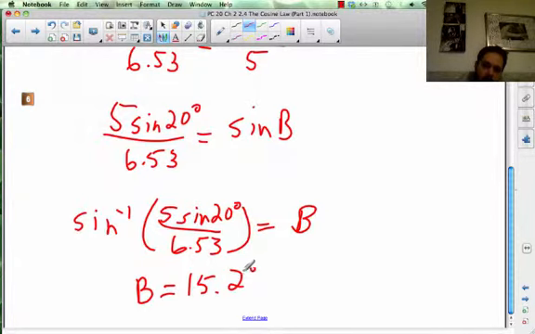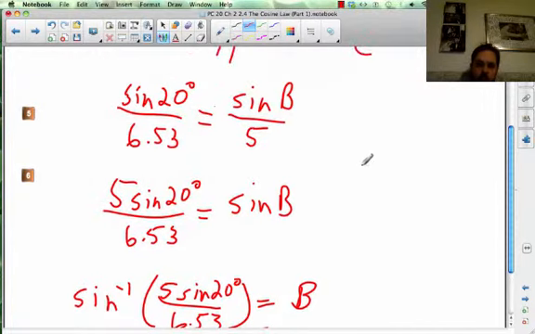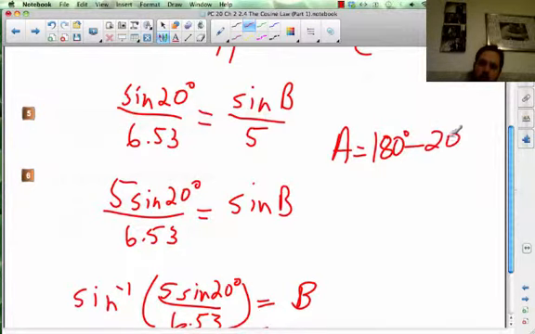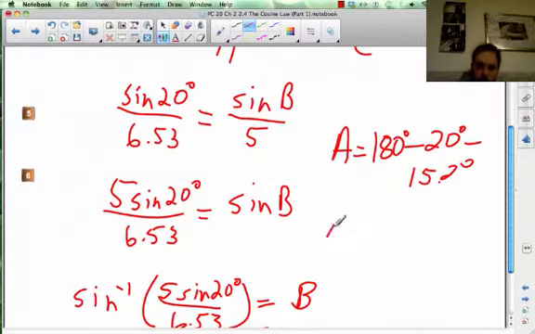So we get 15.2 degrees for B. Now finally, A is really easy to solve. Angle A equals the sum of all the interior angles minus the two that we know, which are 20 degrees and 15.2 degrees. And you can go 180 minus 35.2. Of course, that'll give us 144.8.